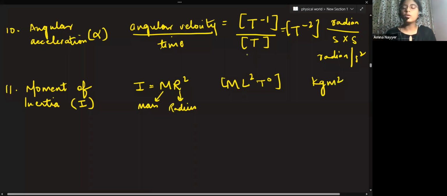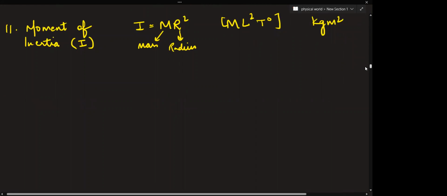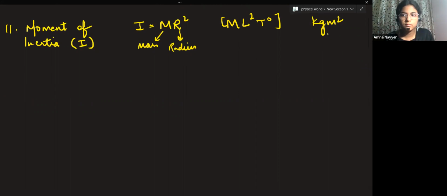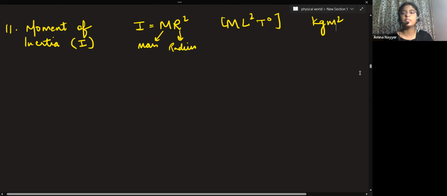Arnav, can you tell me what will be the CGS unit of moment of inertia? Can you repeat, ma'am? What will be the CGS unit of moment of inertia? This is the SI unit, kg meter square. No. We had done the CGS unit, if you remember. Gram centimeter square. See, the CGS unit of kg becomes gram.